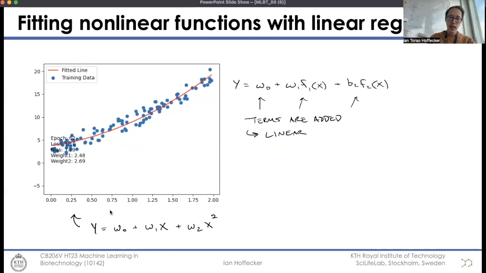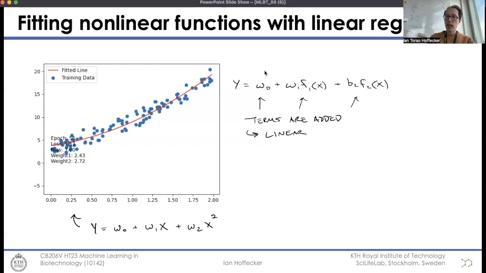Well, it works exactly the same way. We're going to use gradient descent. We're using these weights now. So we have 2 weights. And what's linear is actually the relationship between these terms here. And so this is what we're referring to when we call it linear regression, because we have terms that are used to predict y, our outcome variable, that are added together.